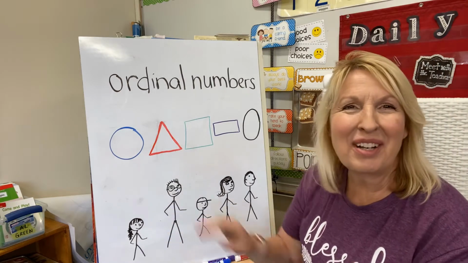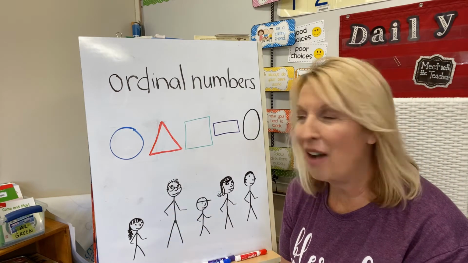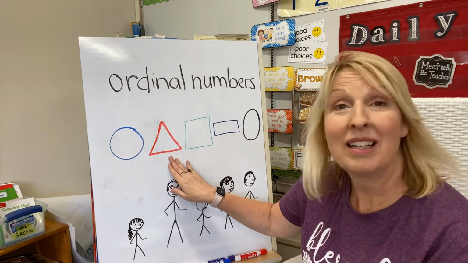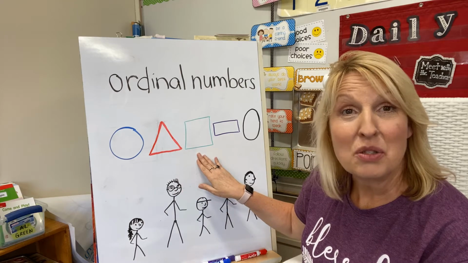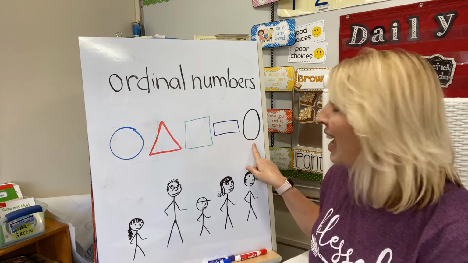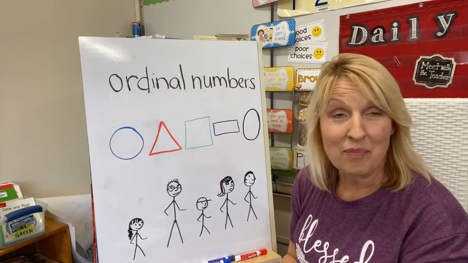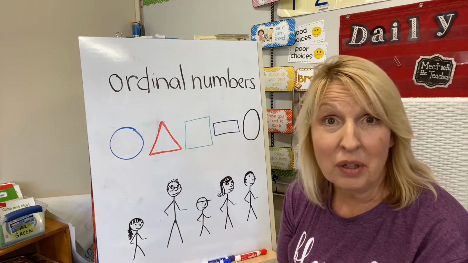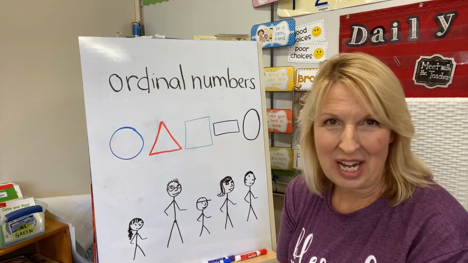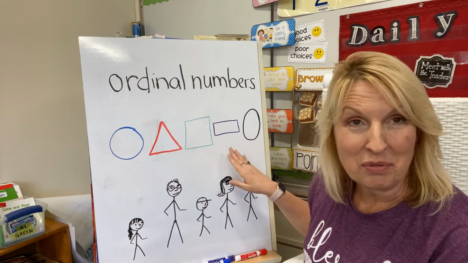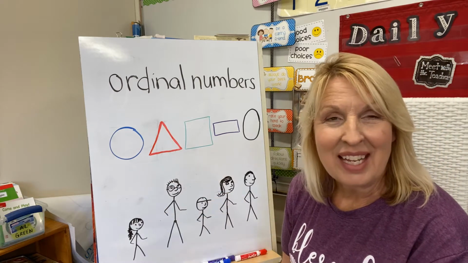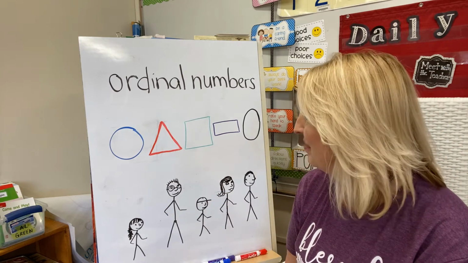All right, so I drew a couple of shapes here to start us off. We have a circle, triangle, square, rectangle, and an oval. Now, if I were talking about the order and I asked, what is the first shape? If we're going from left to right, like how we read, what would be the first shape in our row of shapes?